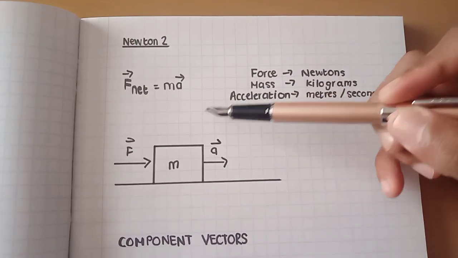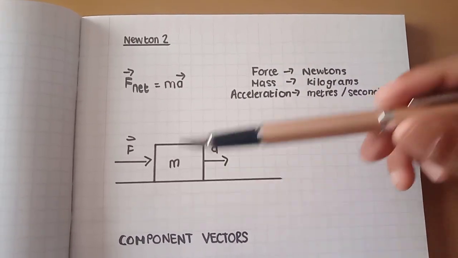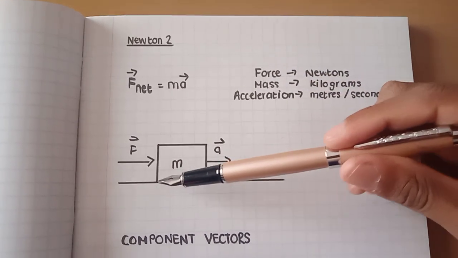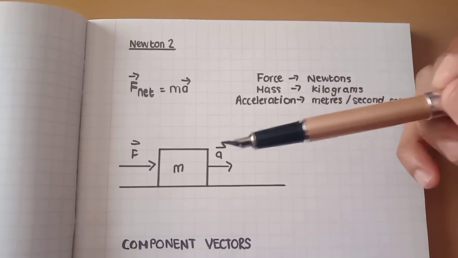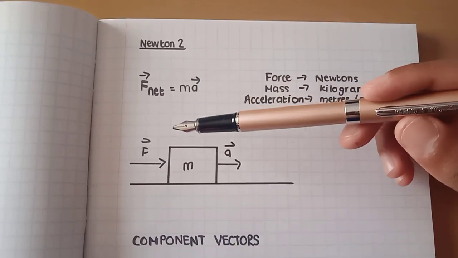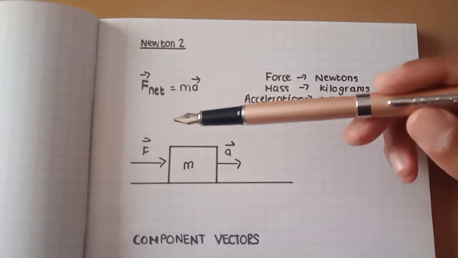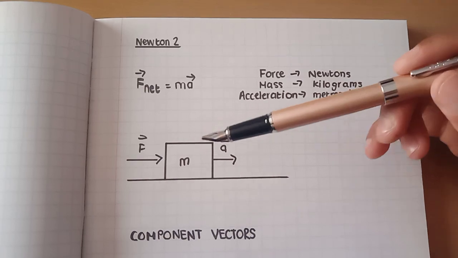Now if you look at this object over here, I've got an object with a mass of m. We can safely assume that this object is moving across this horizontal surface and there is friction present. The two arrows stipulate that the force and the acceleration always need to be in the same direction, because force is responsible for the acceleration.